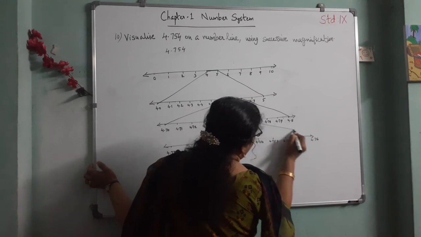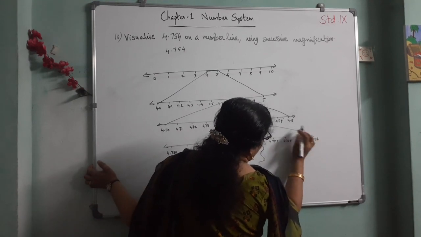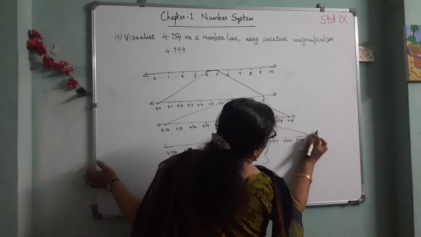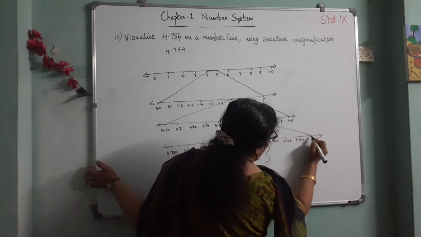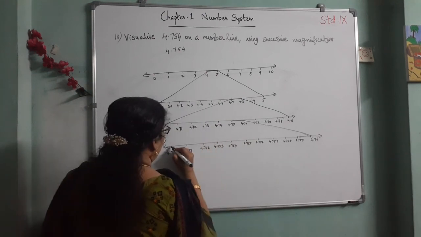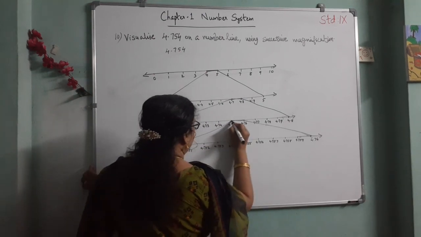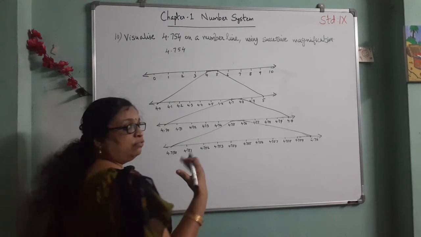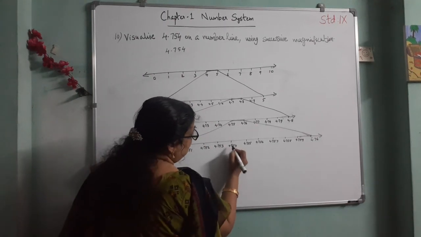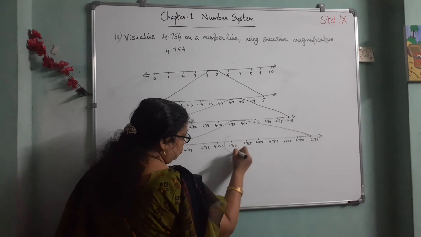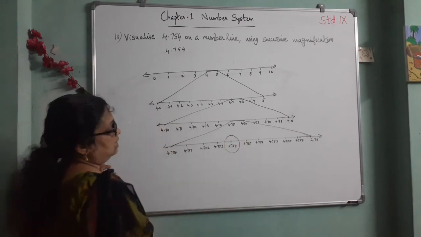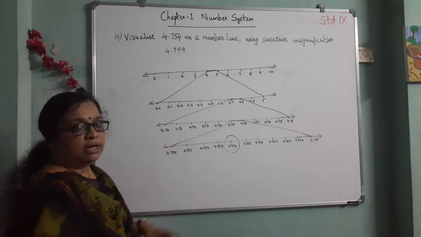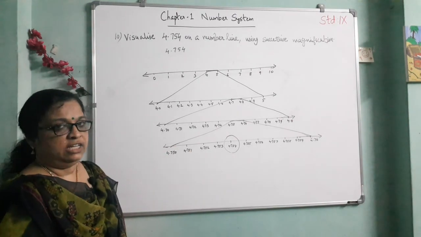This 4.76 here, in this way here, and then 4.75 starting here. So our number is 4.754, after decimal 3 places, 4.754, this number. So here is the representation. So in this way we can represent the numbers on a number line using successive magnification.